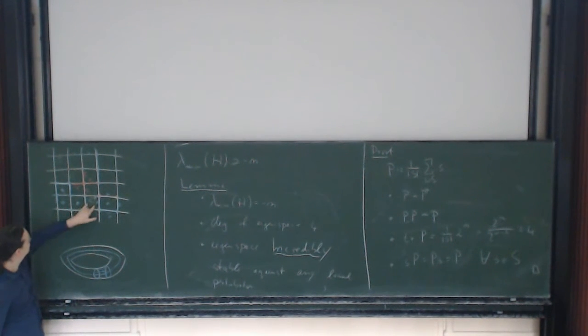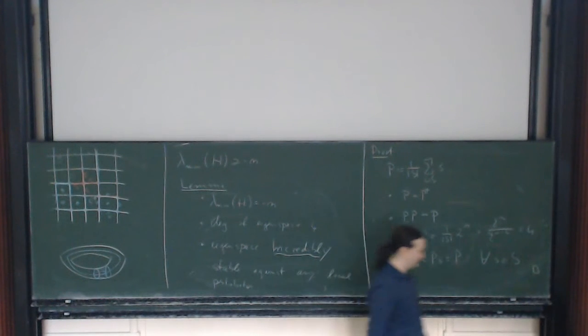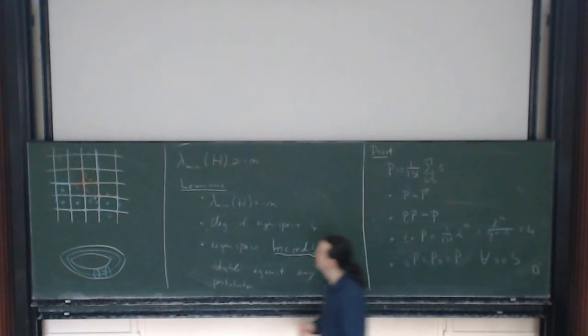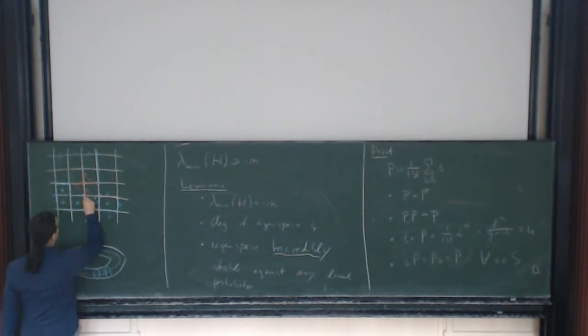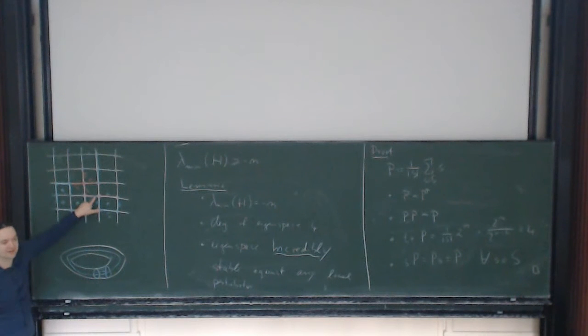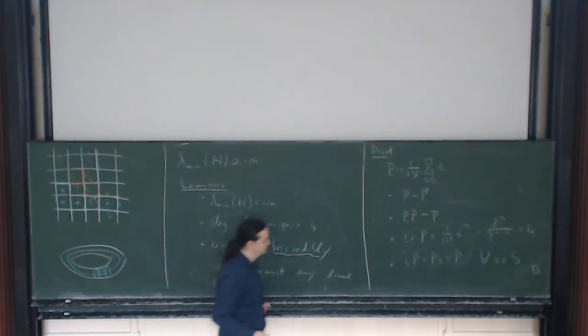In fact, it will not affect any of them because it commutes with them. However, it is adjacent to where I applied my sigma z. This star operator and this star operator, they will not commute here. Let's work out what that is.